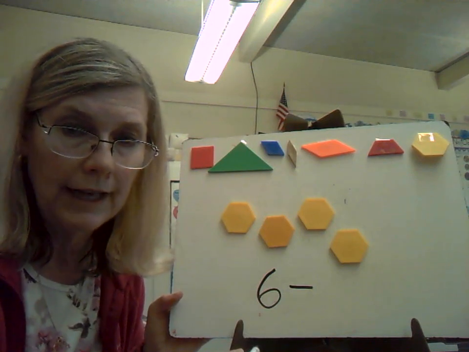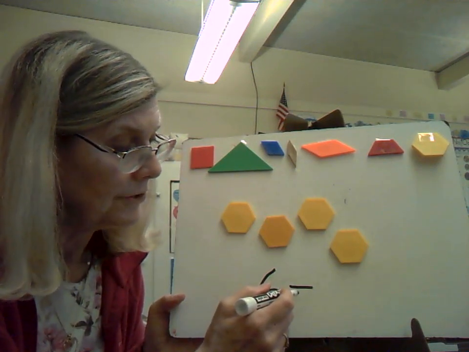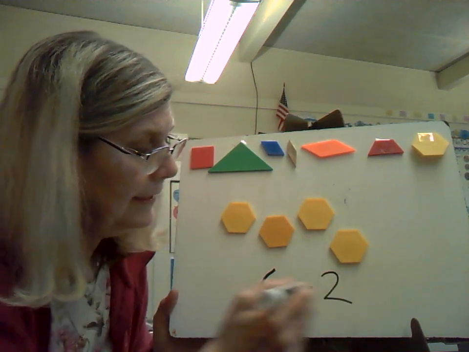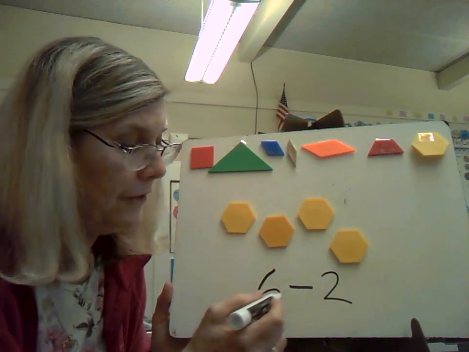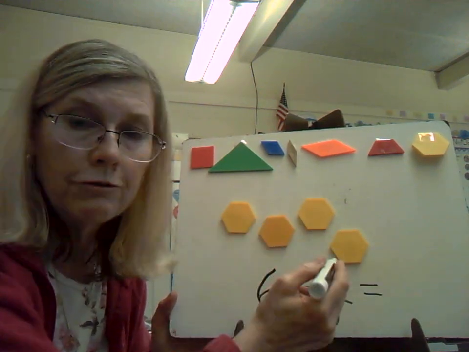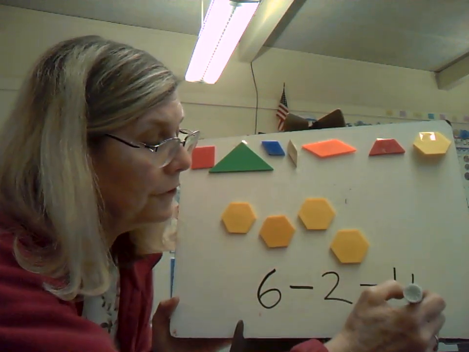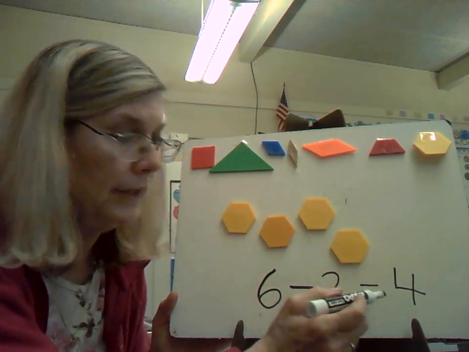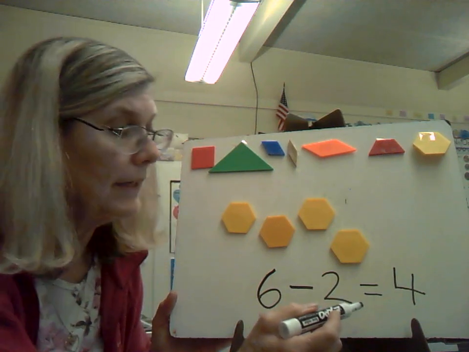Just looks like the straight line. 6 minus, how many went away? 2. 6 was how many we had to begin with, minus 2 went away, equals 4 were left. Your last number in the subtraction equation is how many were left, 4, and we call that the difference.